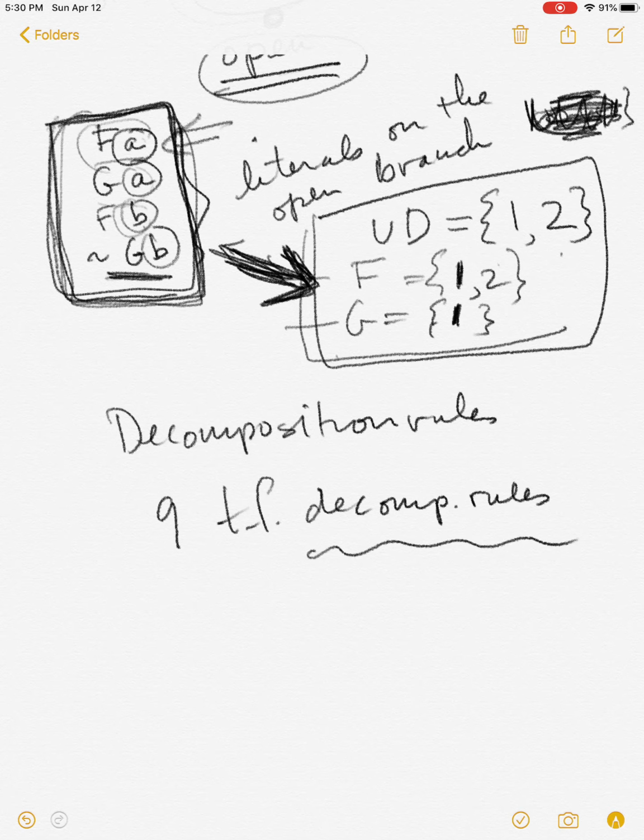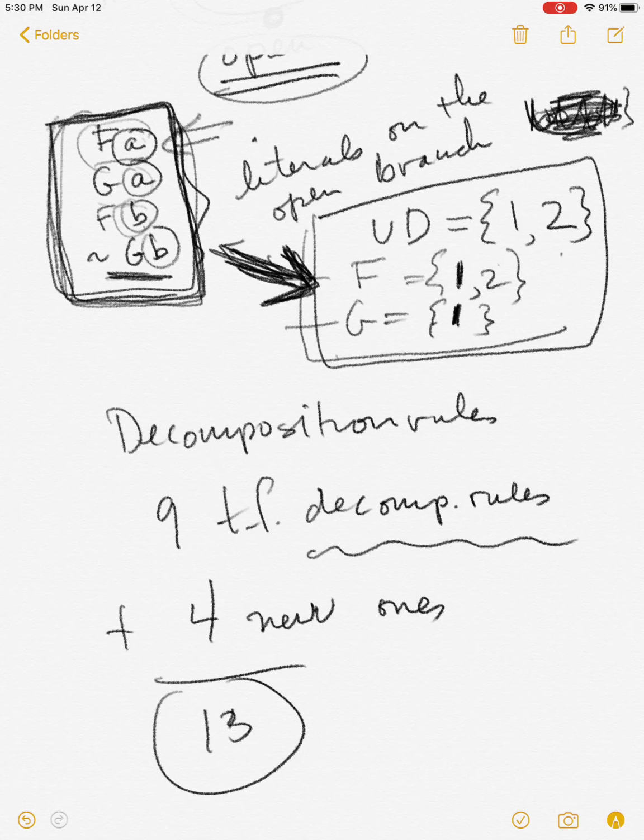So just make sure that you remember those, plus 4 new ones. So we have a total of 13 rules. You already know 9 of them, and these you'll very quickly learn how to use.